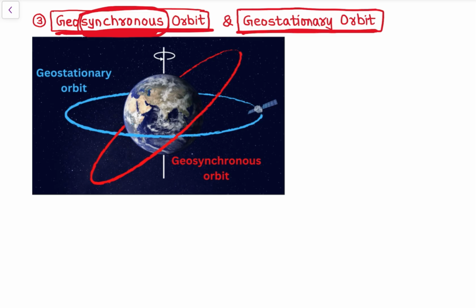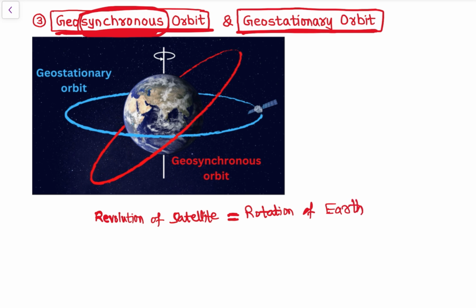Synchronous means there is some synchronicity, that is, with respect to the revolution of the satellite being equal to the rotation of the earth. So we will understand this.